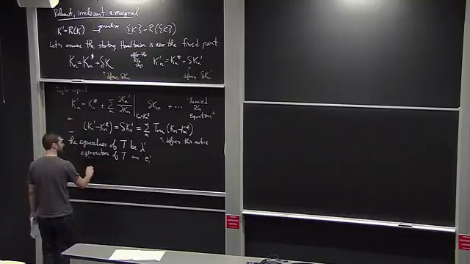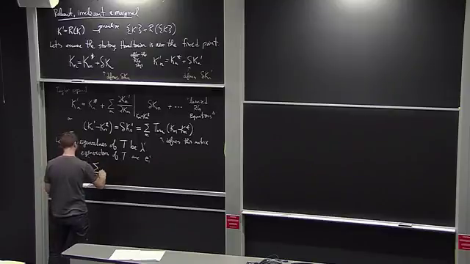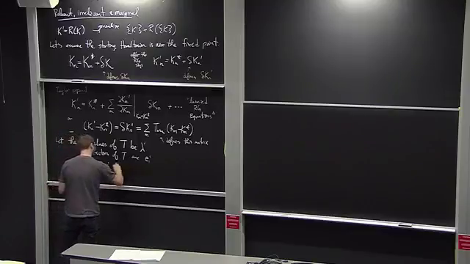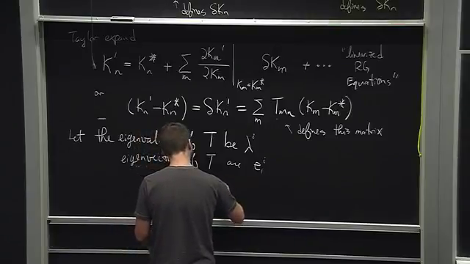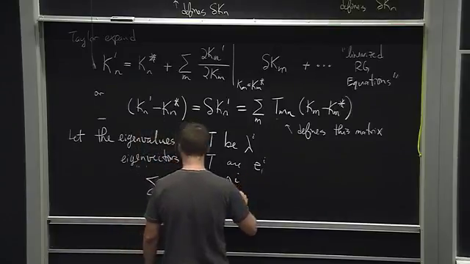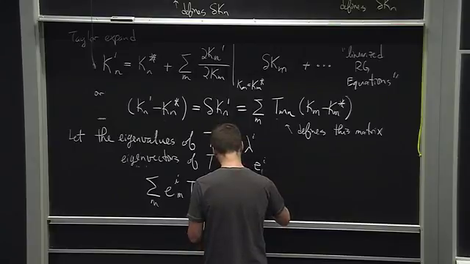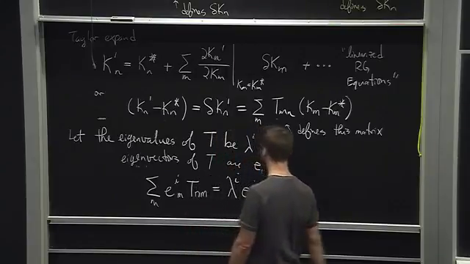So what I mean is, if I have a sum over T_nm, then I have this eigenvalue equation, e to the i n.